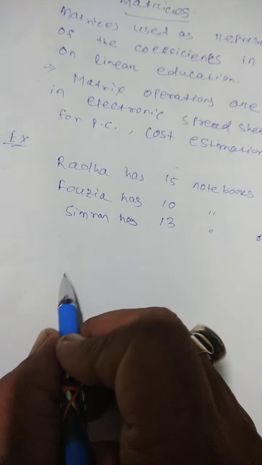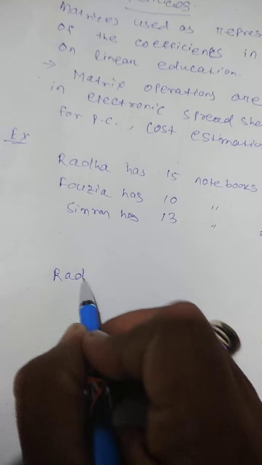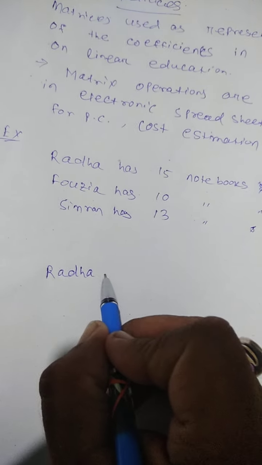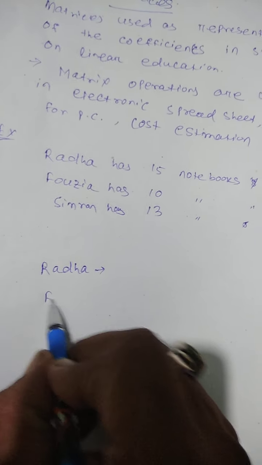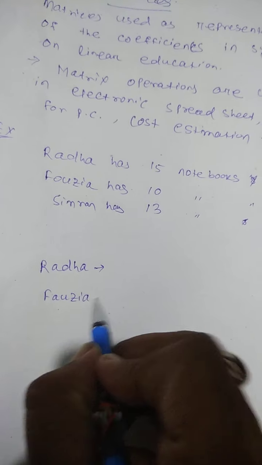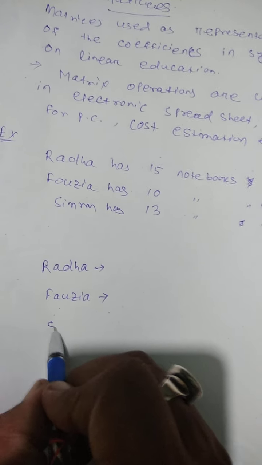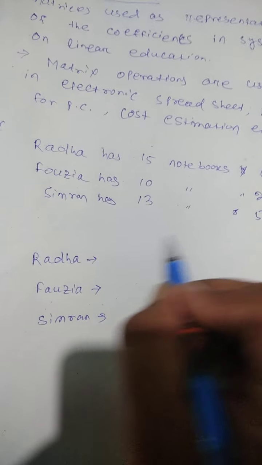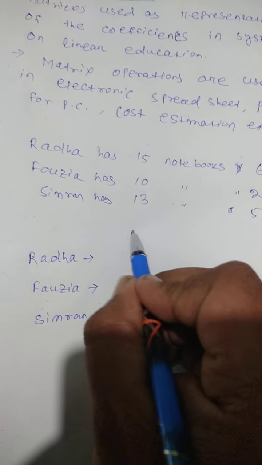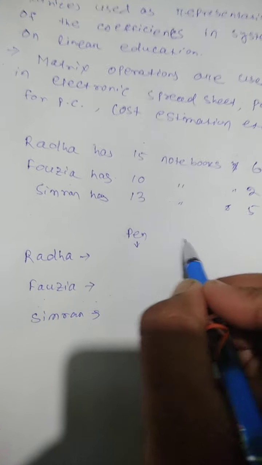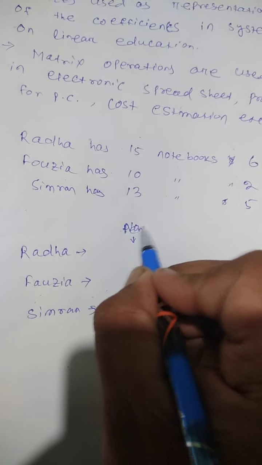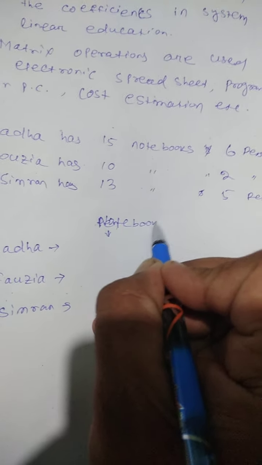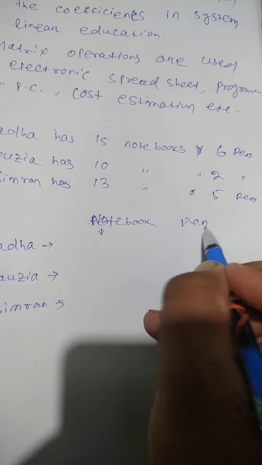Okay? So if we write here Radha, this is one line, Fauzia, this is another line, and Simran, this is another line. Clear? And here, this is the column for notebook and this is the column for pen.